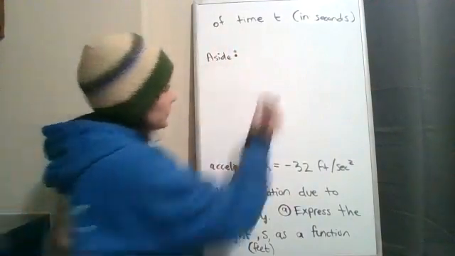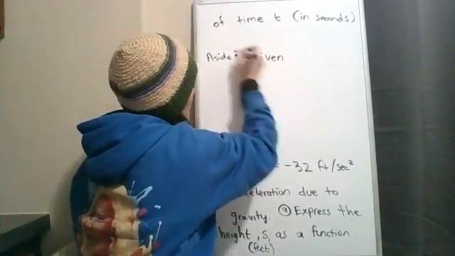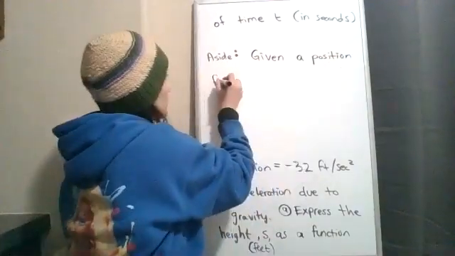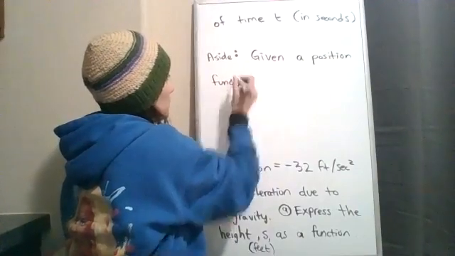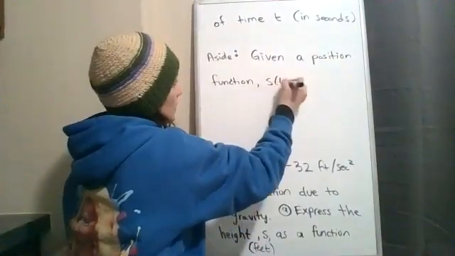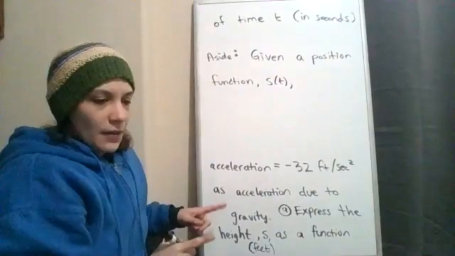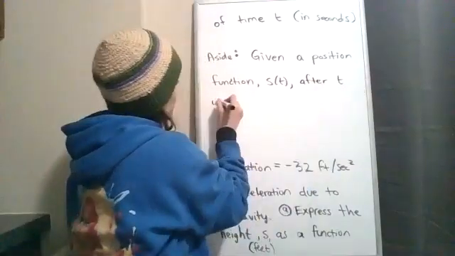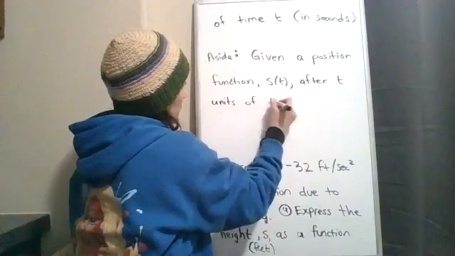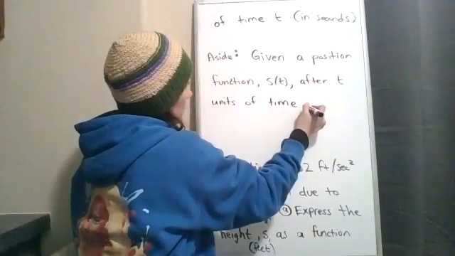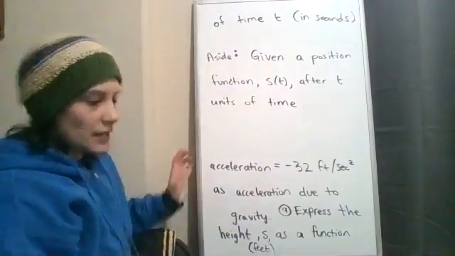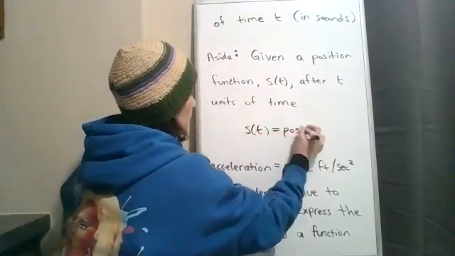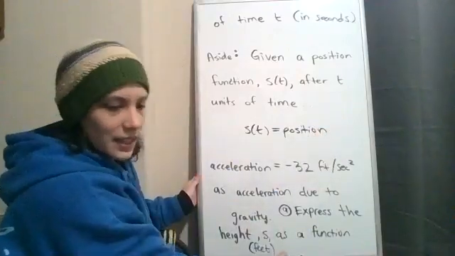Given a position function, after t units of time, all right, you've got your position function, so s of t equals position or height in feet.